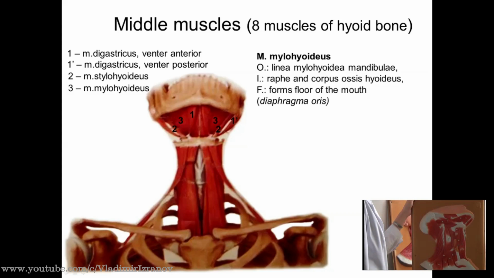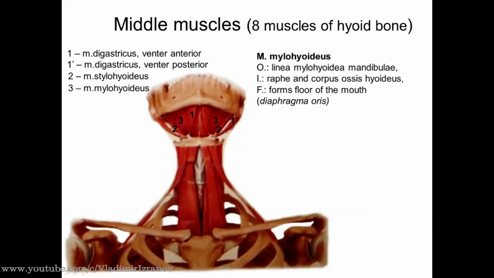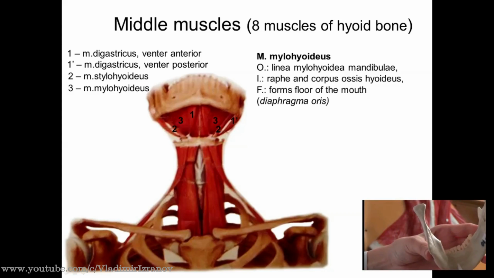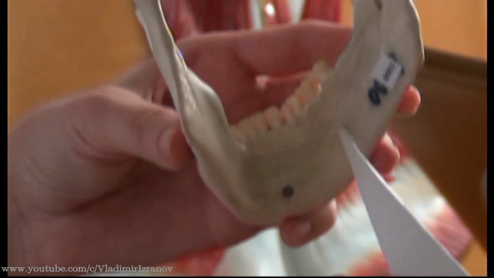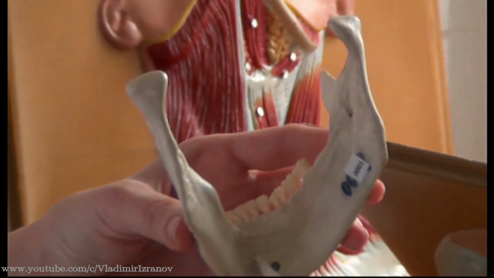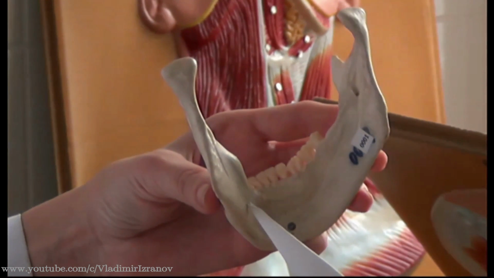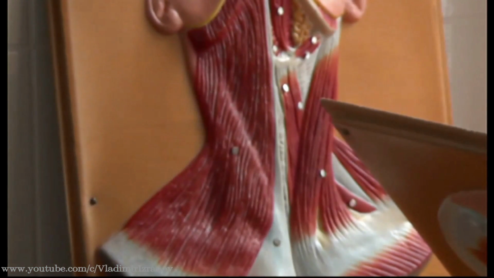So, we can understand that musculus mylohyoidus begins, its origin is linea mylohyoidea of the mandible. Linea mylohyoidea of the mandible. Thank you.